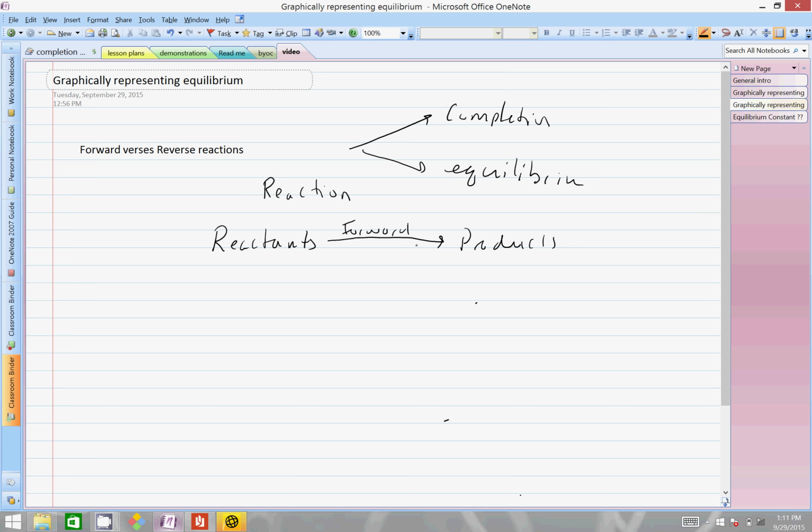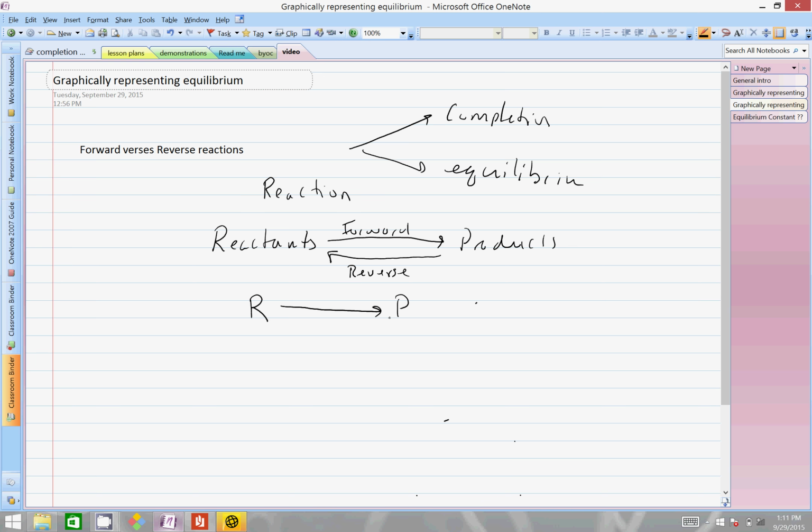Then a product can, in almost all cases, return back to the reactants. Quite possible. We call this the reverse reaction. For a completion reaction, essentially the reactants going to products is the only process taking place.